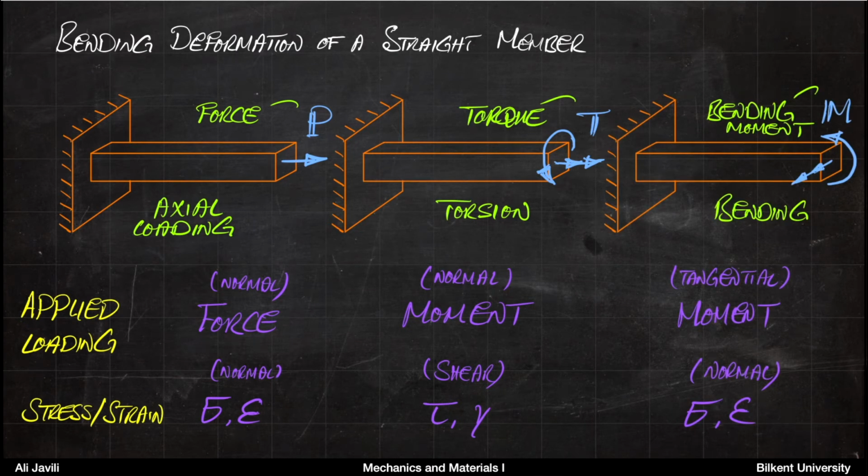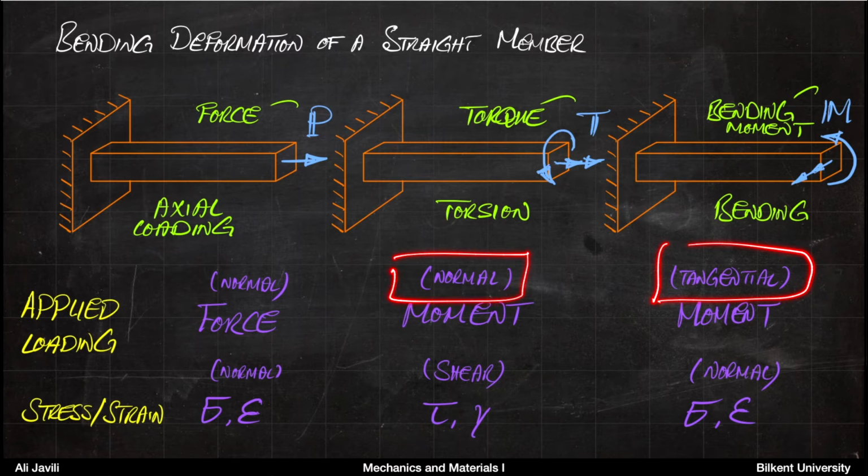But what happens now is that we want to talk about the bending problem. The bending problem is very interesting in the sense that the loading that we apply on the member is a moment, but in contrast to a torsion problem, it's a tangential moment. It's not a normal moment.